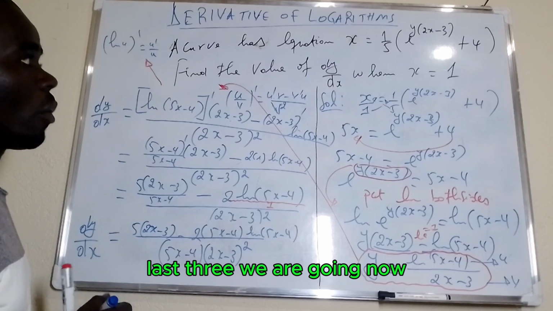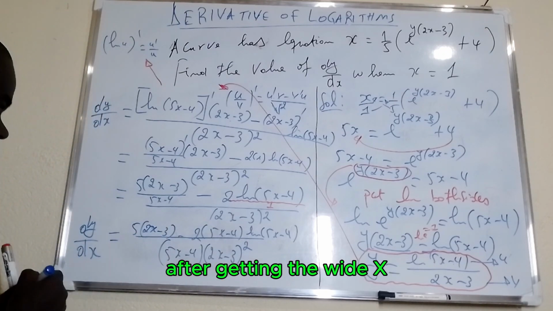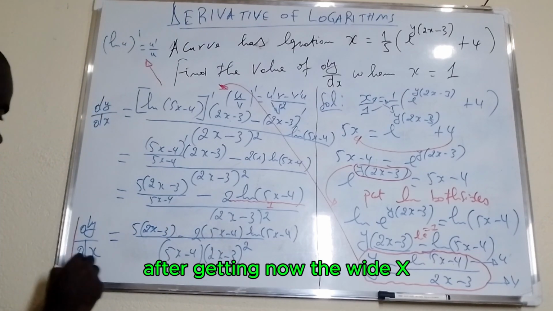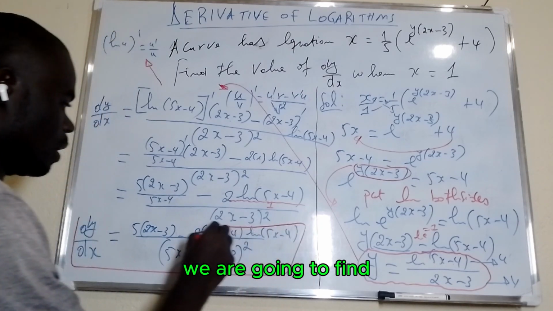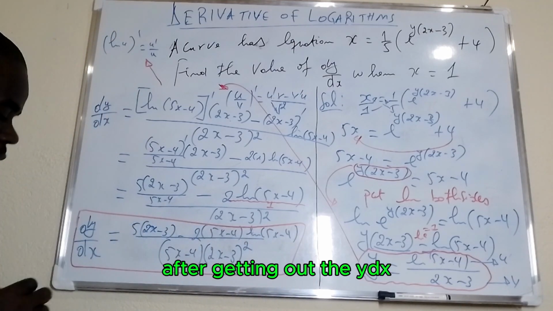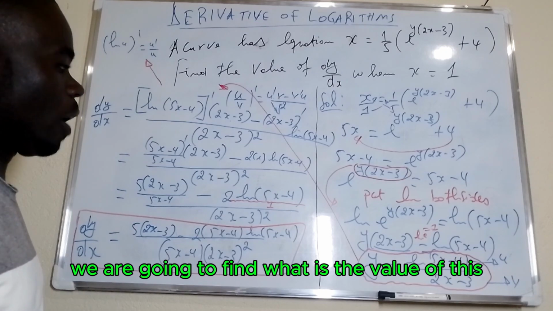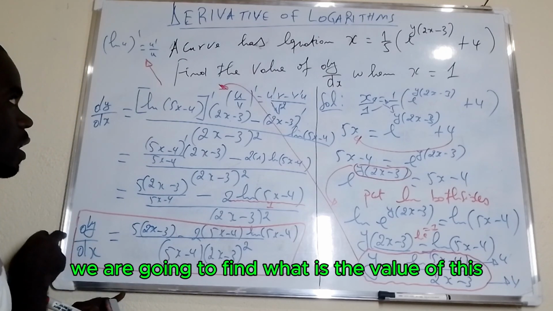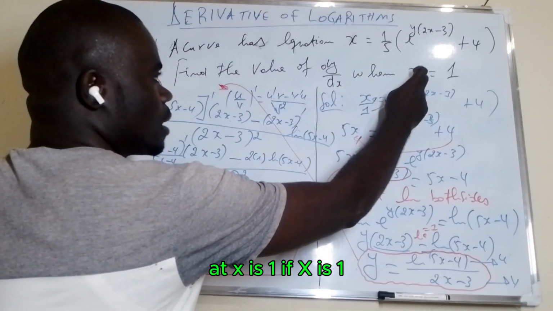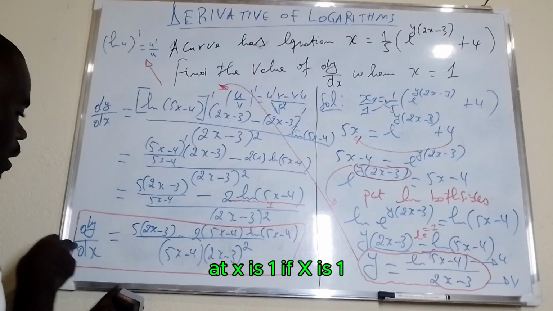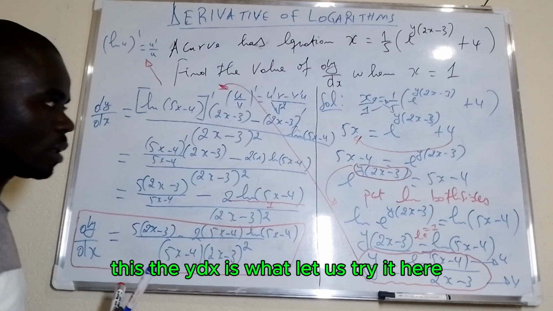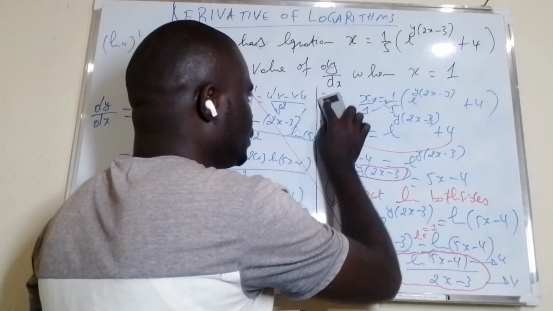Lastly, after getting dy/dx, we are going to find what is the value of this at x equal to 1. If x equal to 1, this dy/dx is equal to what? Let us try it here.